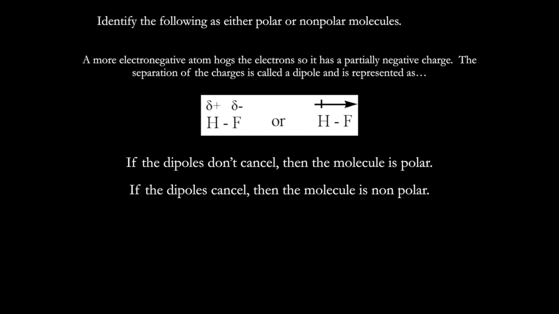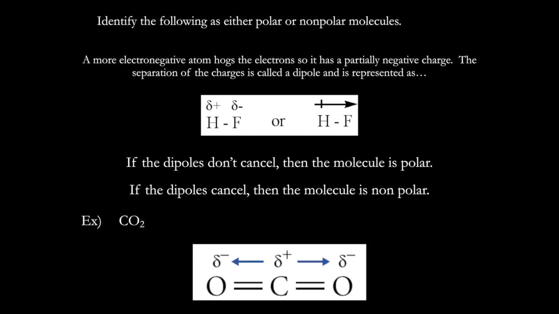So let's look at an example in which the dipoles do cancel out. Let's look at carbon dioxide. Now, if you draw the Lewis structure for carbon dioxide, it's going to have two double bonds, and therefore it is going to be a linear structure. Because oxygen is more electronegative, both oxygens are going to have a partial negative charge, and so the arrows are going to point towards the more electronegative atoms, so they're going to be pointing towards oxygen.